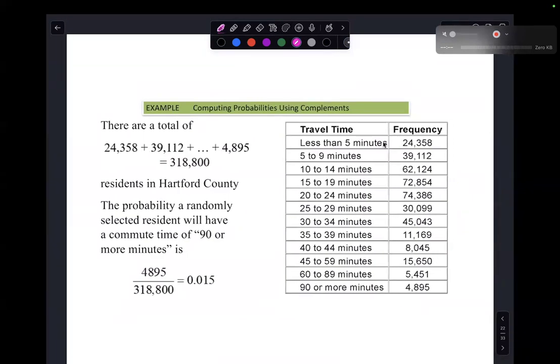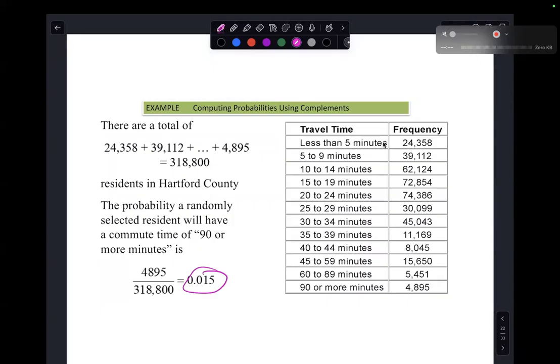Sometimes we use the complement rule because we don't want to add a whole bunch of stuff up. In this case, there are 318,800 residents in Hartford County. What's the probability someone will have a commute time of less than 90 minutes?